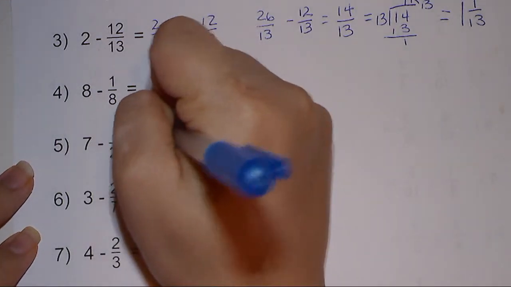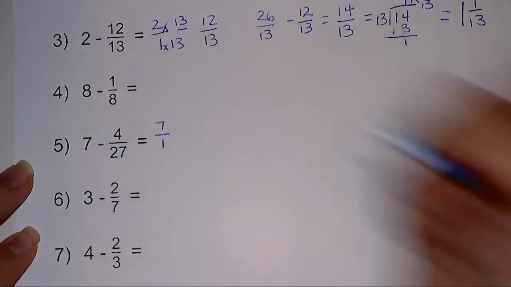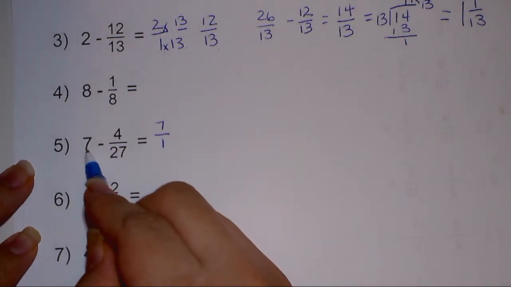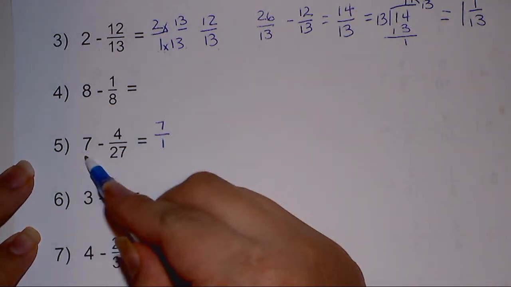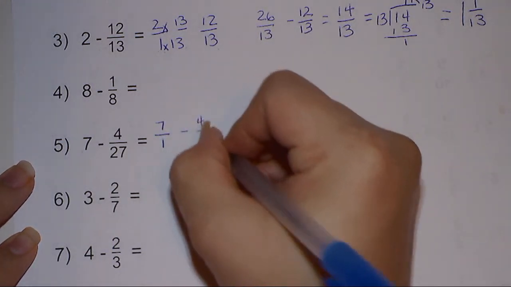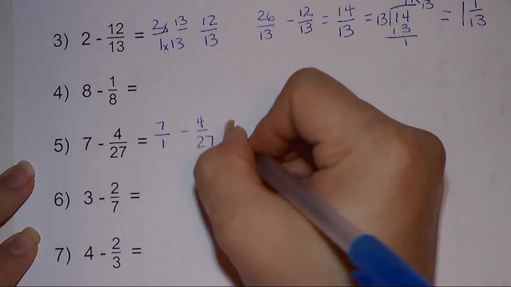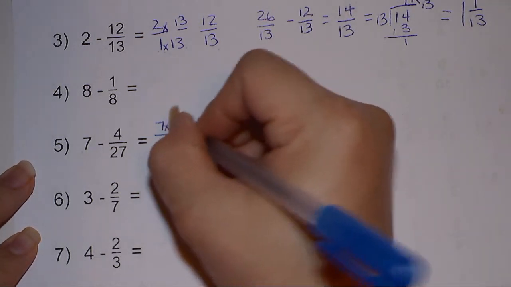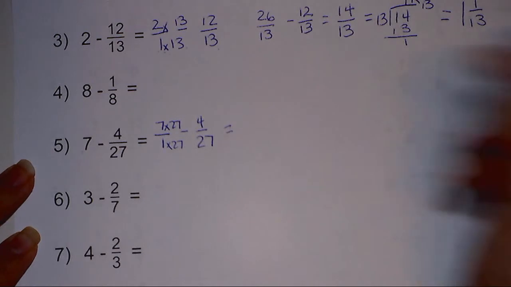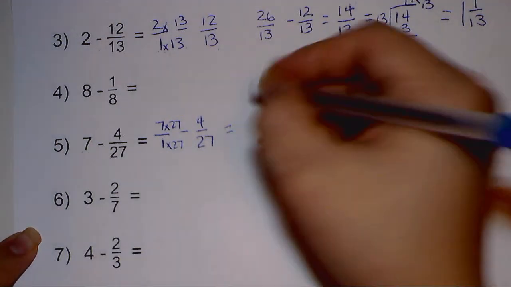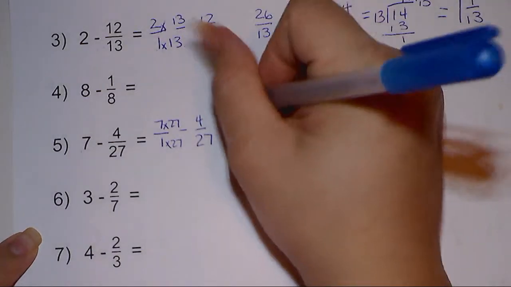Again, 7 over 1. How did I get that? I made this into a fraction. 7 divided by 1 is 7. So 7 over 1 minus 4 over 27 equals, and so times 27 on top and bottom. This is not something they would be able to do with mental math, so I like to just do it over here.